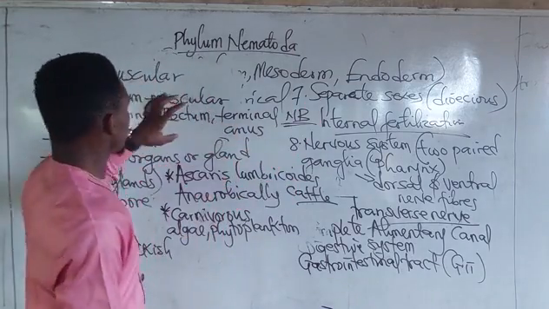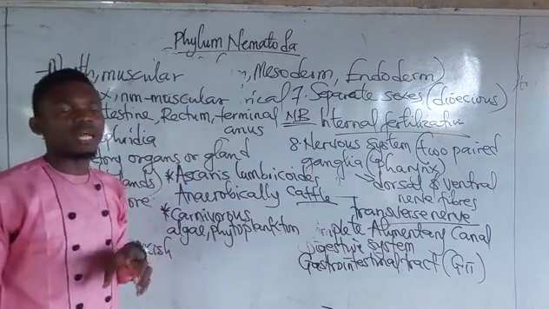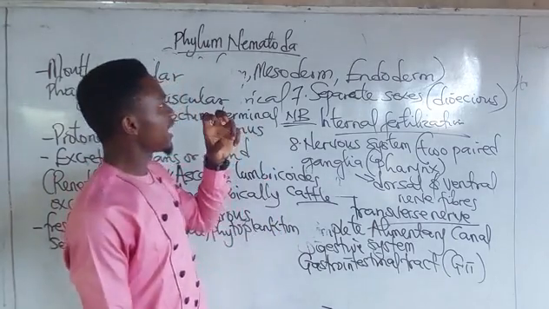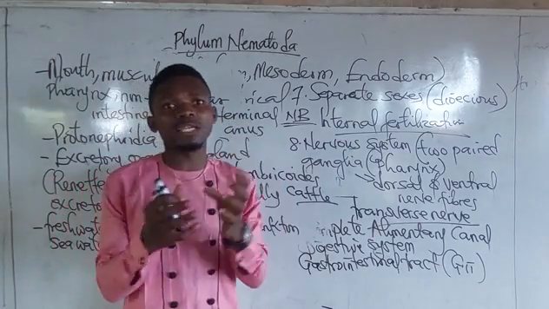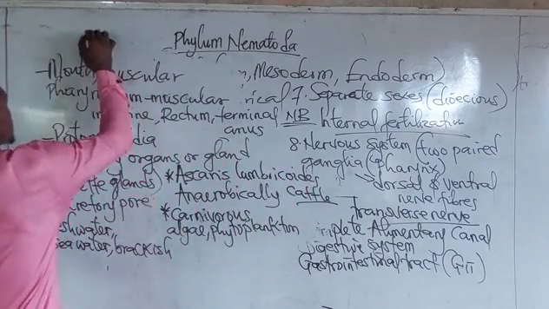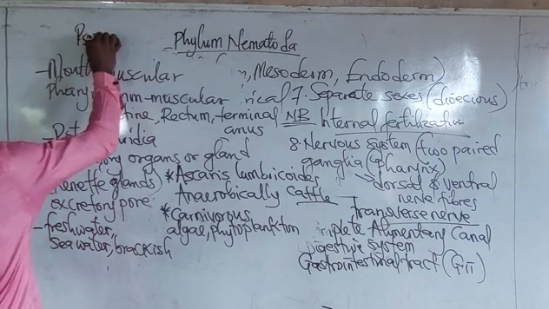Okay, I told you that they are pseudocoelomates. That is, they have a false body cavity, and their false body cavity has a fluid. You call it what?